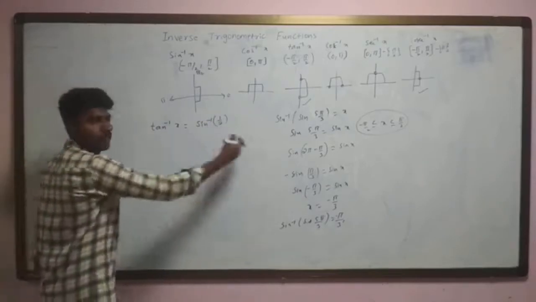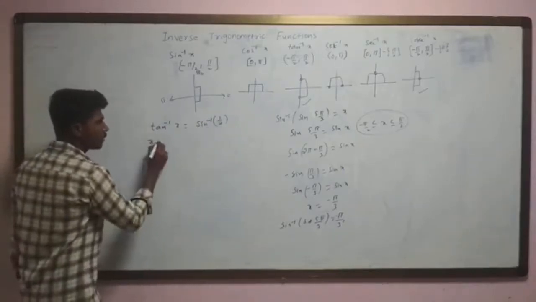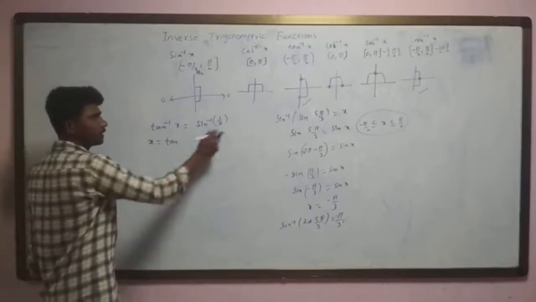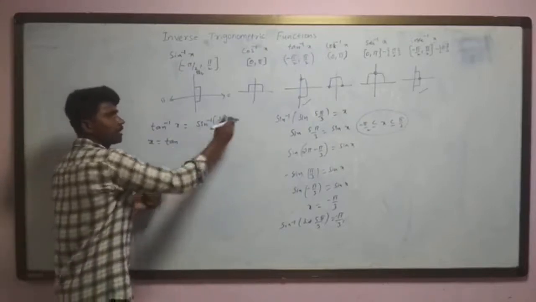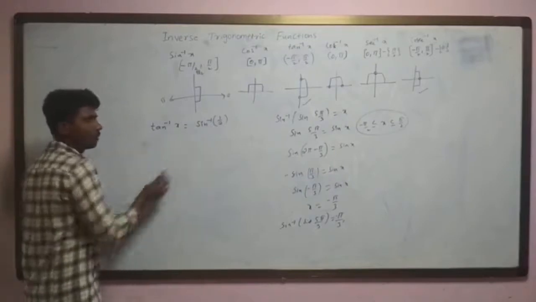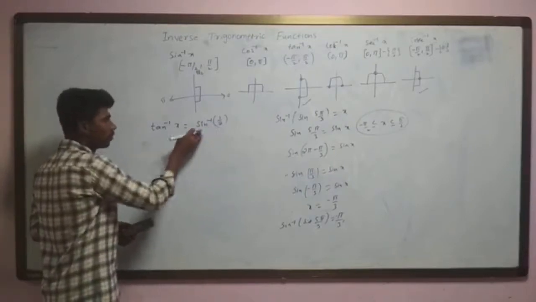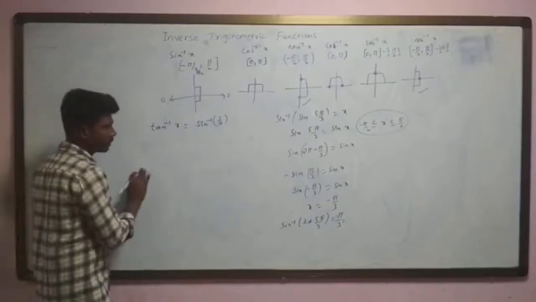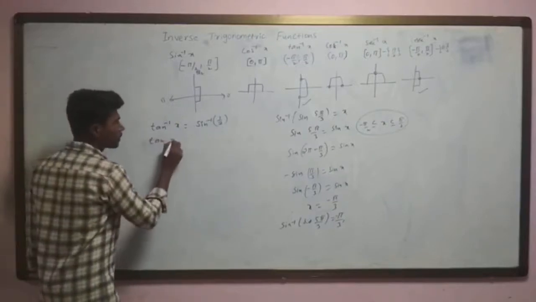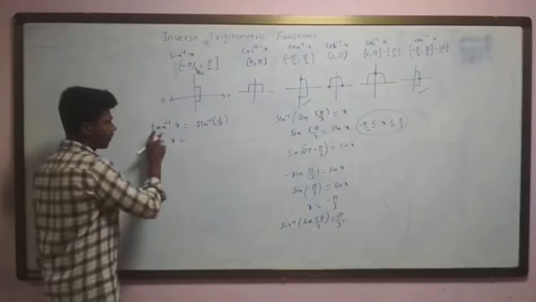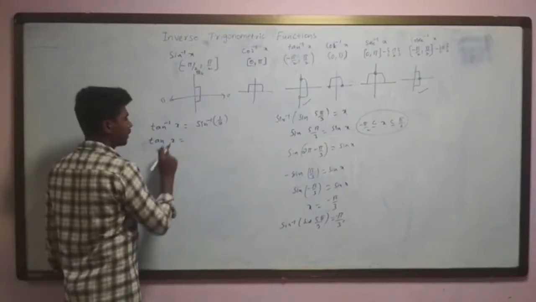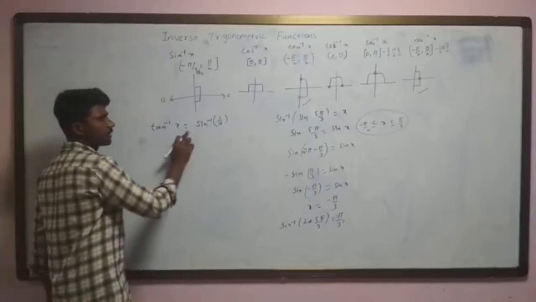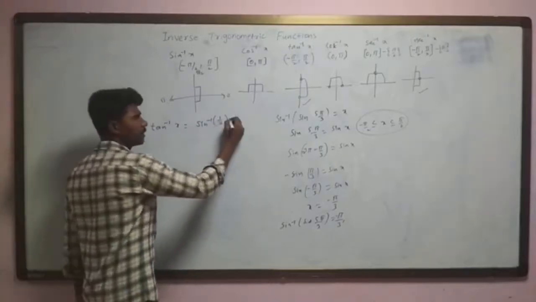So this can be rewritten as x is equal to tan of sin inverse 1 by 2, or 1 by 2 equal to sin of tan inverse x. So we can write it in two ways. Tan inverse x is equal to sin inverse of 1 by 2 is the given question.